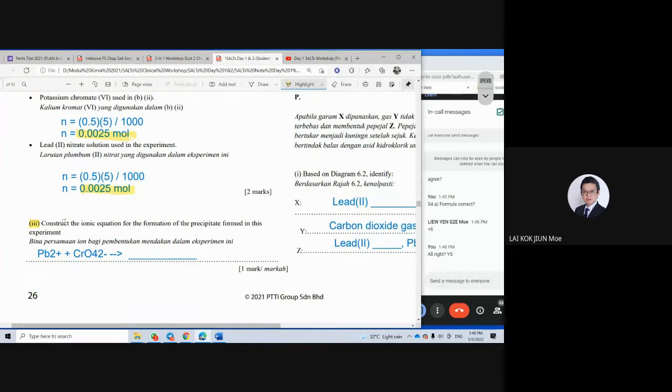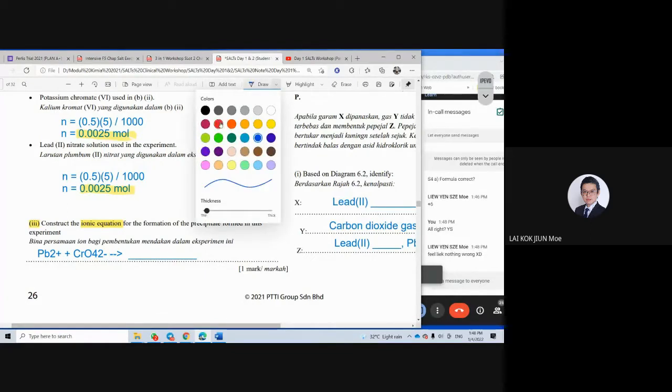Pb2+ ionic equation, plus the chromate ion. So we have the formula here. You have to write down this ionic equation. Feel like nothing wrong. Okay, so how about number 3, Yanxi?